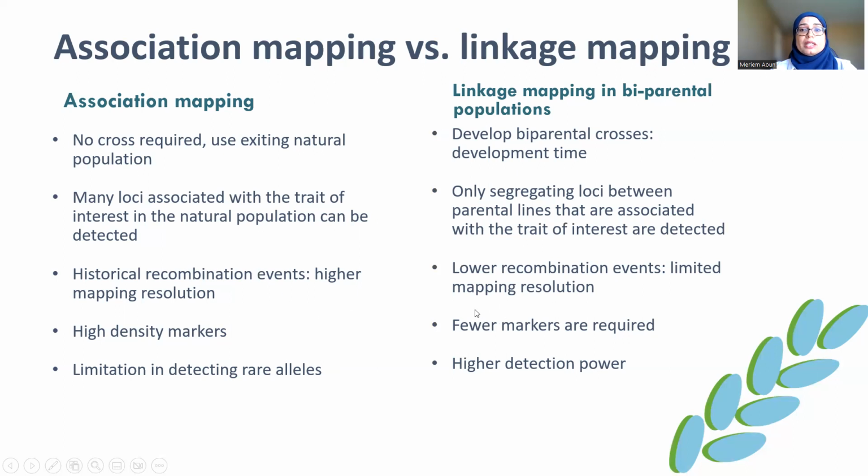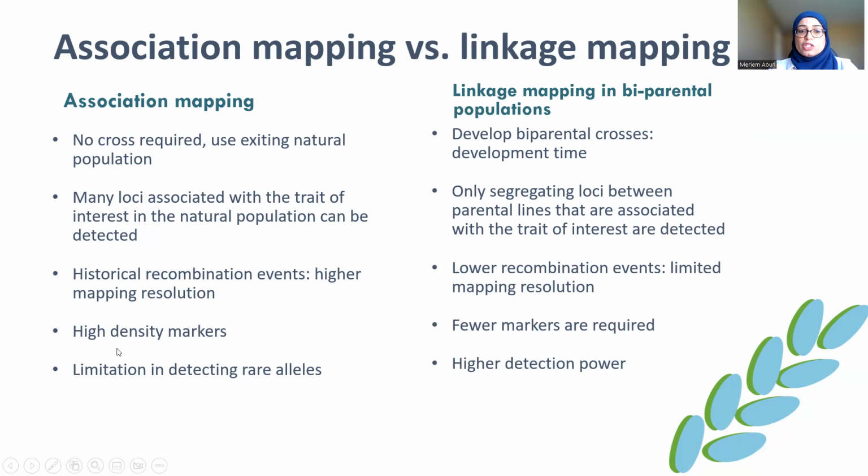While for linkage mapping, because we have larger blocks of LD, we don't need as many markers as in association mapping. So it is not helpful to have high density markers in a biparental population as it is in the GWAS.